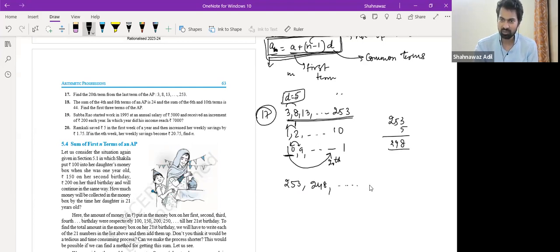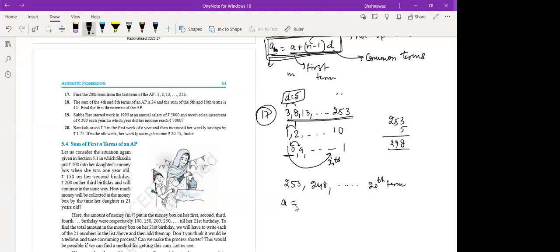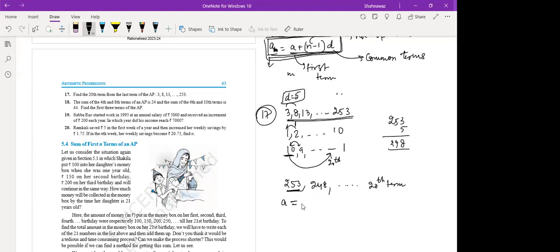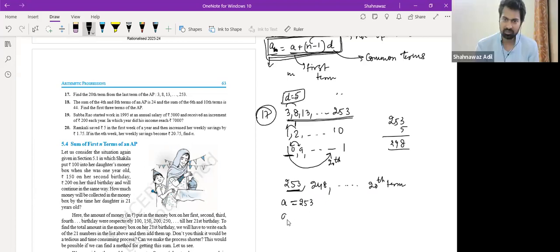And we have to calculate the 28th term. So now we know A is how much, Tala? A is 253, right? You said 253. Yes. And what is D?